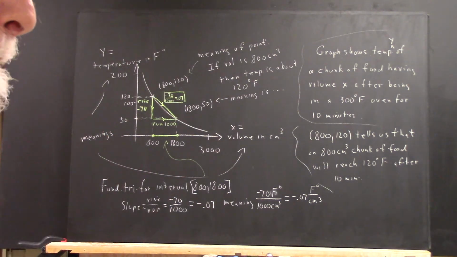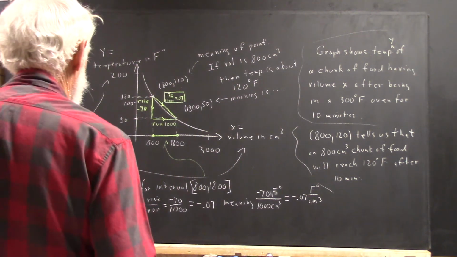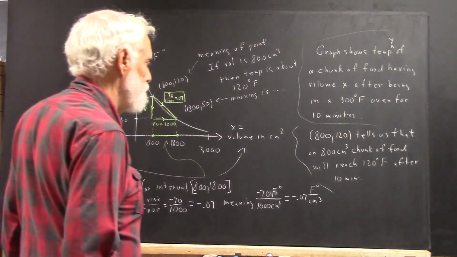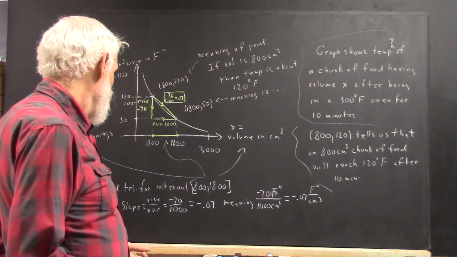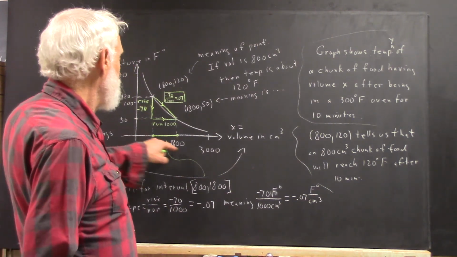For every cubic centimeter, you lose 0.07 degrees Fahrenheit, between 800 and 1800.